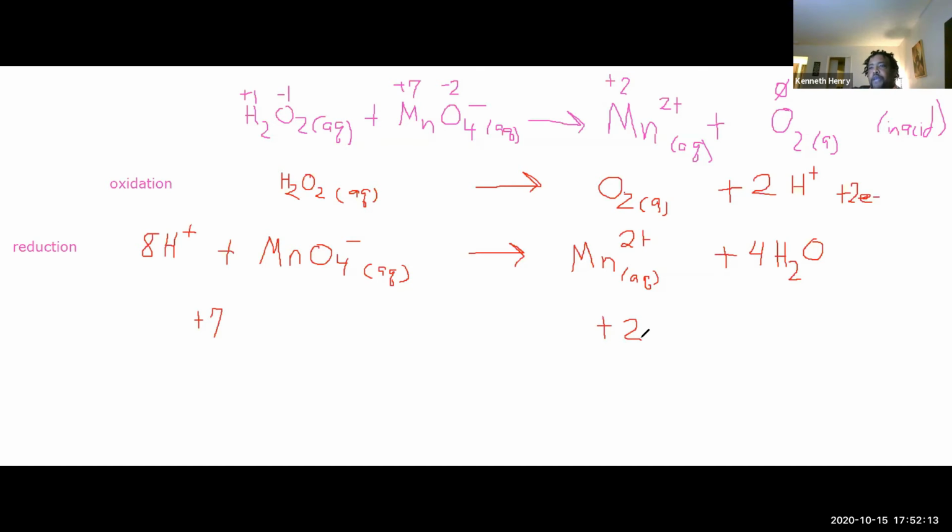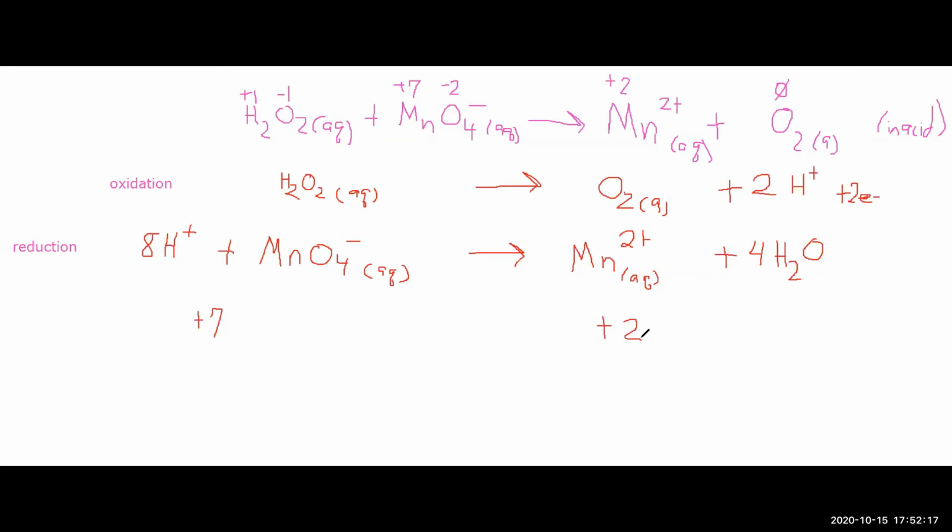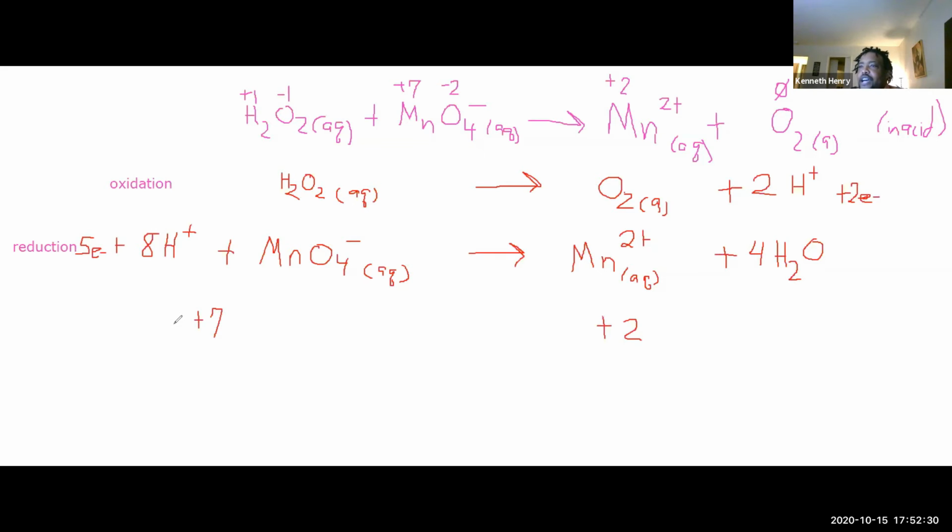Okay, so what do we need to do to make it right? Add 5 electrons to the reactant side. Okay, so we got 5 electrons. So that brings us down to a +2. So both sides are balanced.